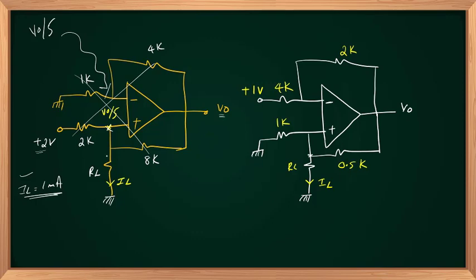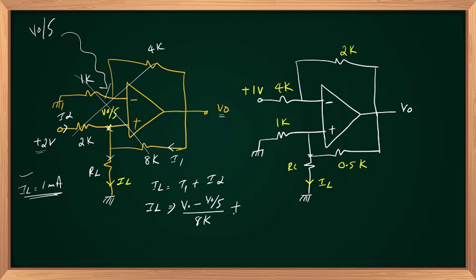So my IL is nothing but the sum of these two currents. Let me mark them as I1 and I2. So IL is nothing but I1 plus I2. I1 is nothing but V out minus V out upon 5 divided by 8K.